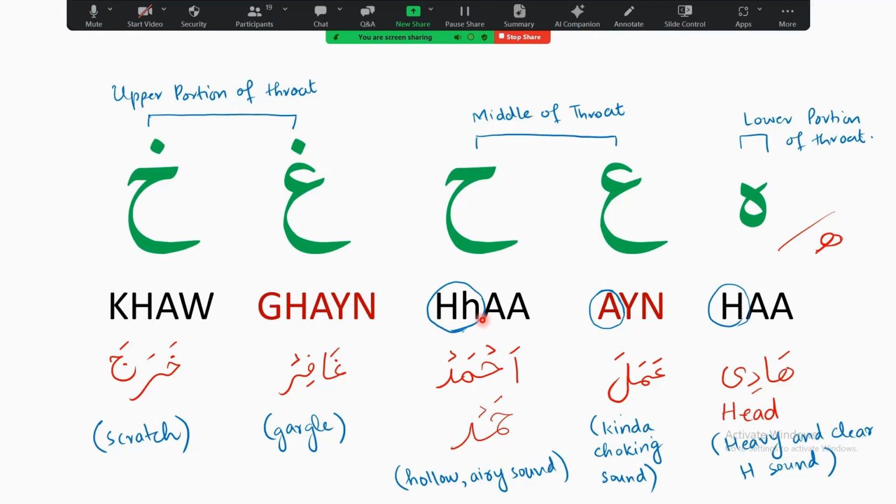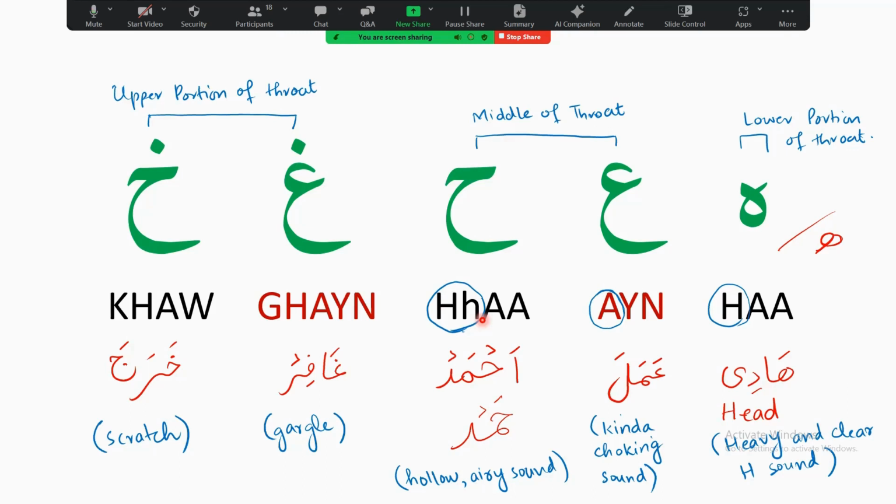We say ha. Also, interestingly, you can remember this sound from an example: in winters when we blow air, as a child we used to do this, when we blow the air on glass mirrors or something, so that the fog is there on the mirror, and we just draw something on that. The process that we do to make that fog on the mirror, we do this sound at the start. We say ha.